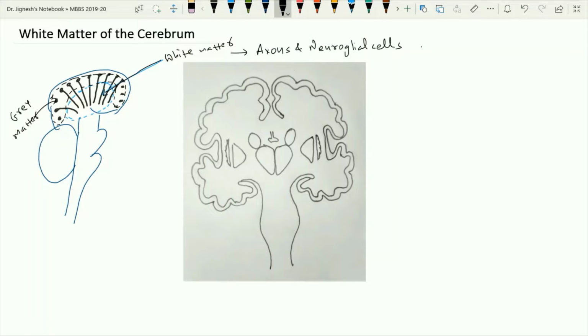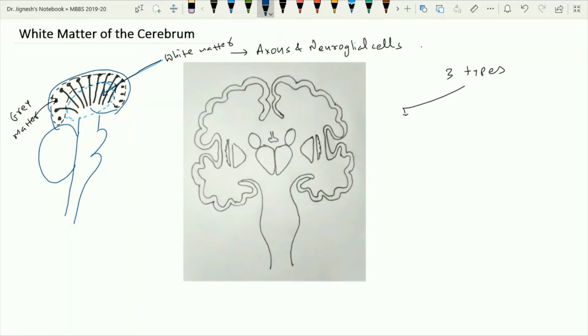The white matter of the cerebrum consists of a number of axons, and these axons are connected either within the same hemisphere, or with the other hemisphere, or with the subcortical area or the spinal cord. According to this connection, the white matter of the cerebrum can be divided into three types.